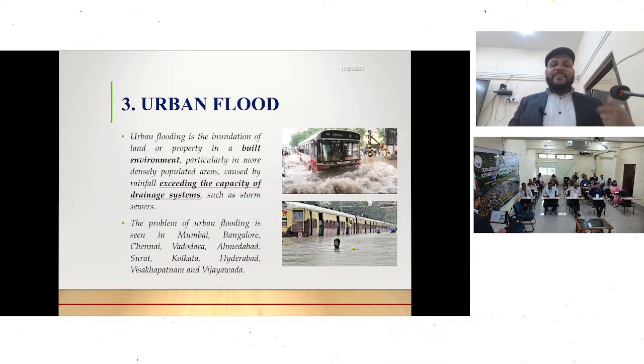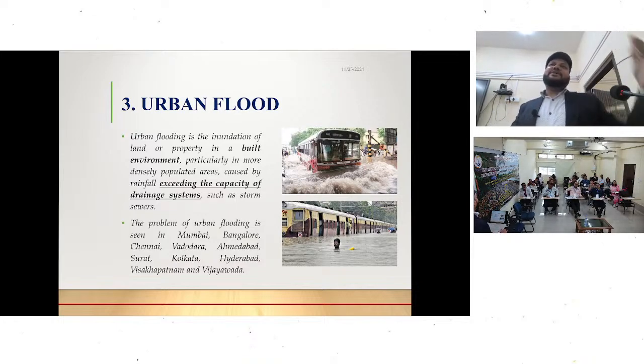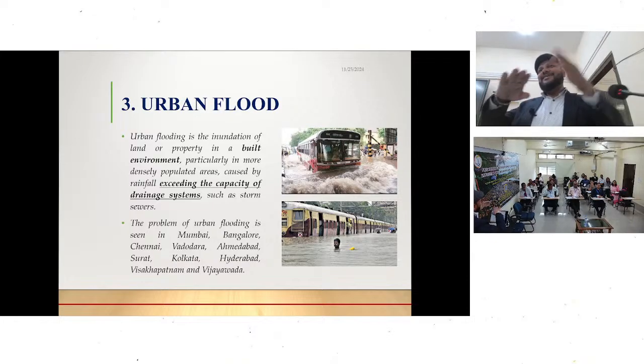That's why urban flood is very challenging, because the drainage system doesn't work. If there is heavy rain, the water level in the river is higher than the level of the drains, so water can't go into the river and keeps rising in the cities.